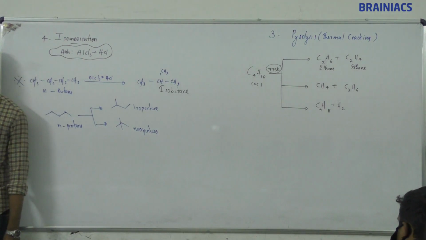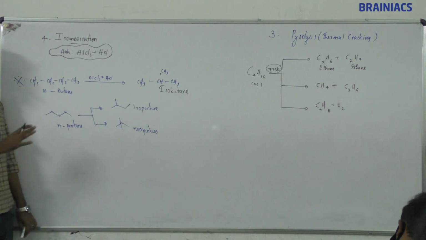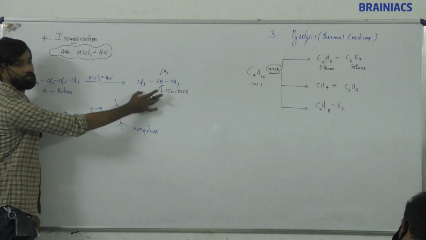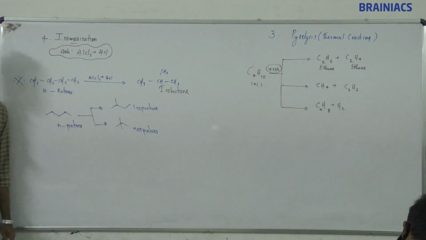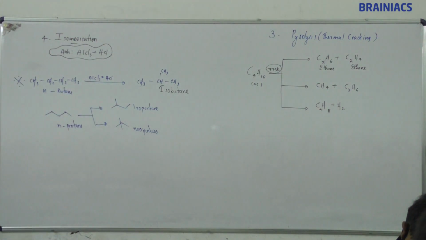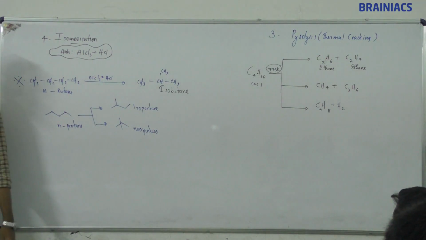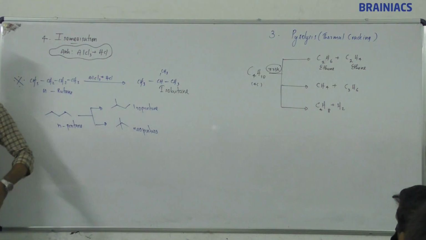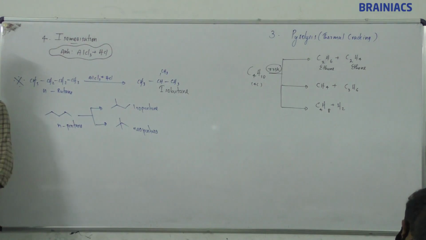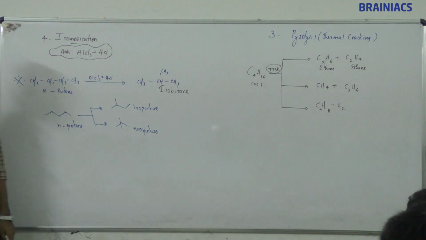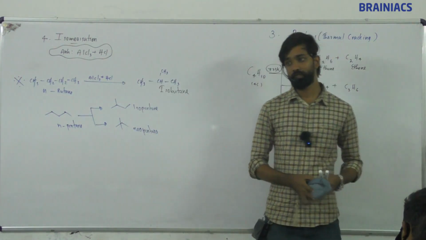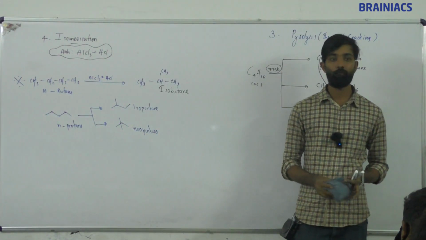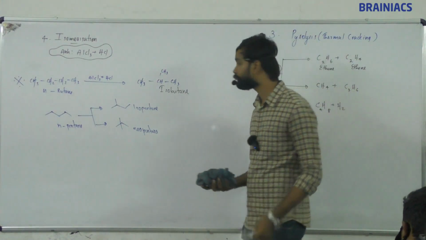But we may be asked to identify which reagent converts an alkane into its isomer. The reagent is anhydrous AlCl3 plus HCl. An alkane of linear chain will become more branched. You can write that down. An alkane of linear chain will become a branched isomer.